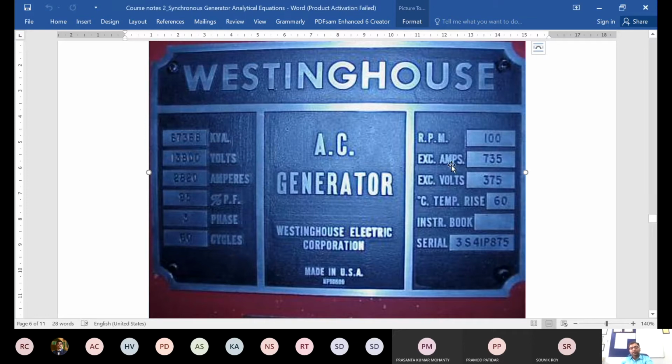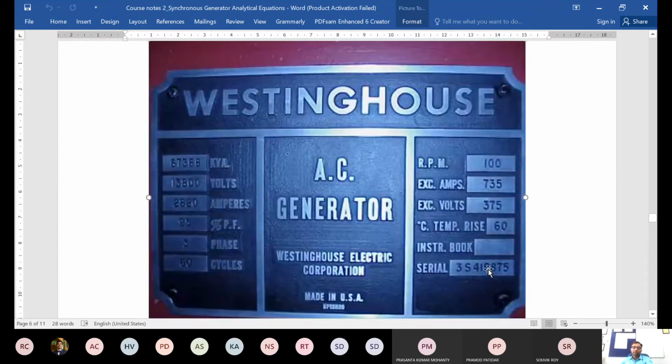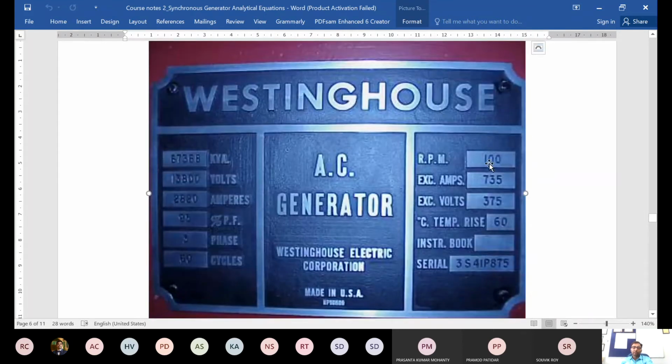See, there are two things. One part Nitish had pointed out initially: if you want to operate it in a 50 Hertz grid, its RPM will have to be modified. Let's take this same example, rated at 60 Hertz. I bring this machine from USA to India and want to run it in the Indian power system in a particular power plant.